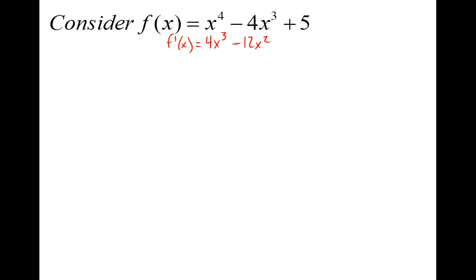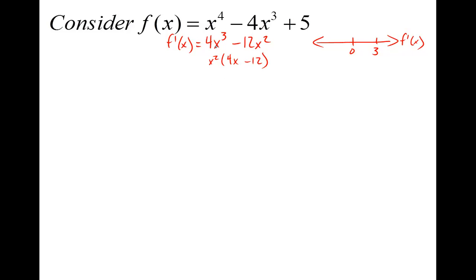Okay, now of course from that I could find my intercepts. I could create a sign diagram. If I take out x squared, then I'm left with 4x minus 12. And so at 0 and at 12 divided by 4, at 3, I'm going to end up with places where the derivative changes, so if I'm doing a derivative sign diagram, that's where my values will change.